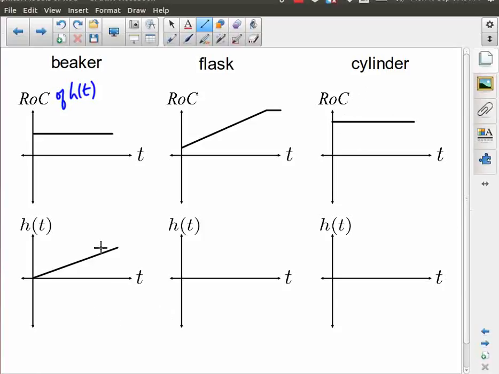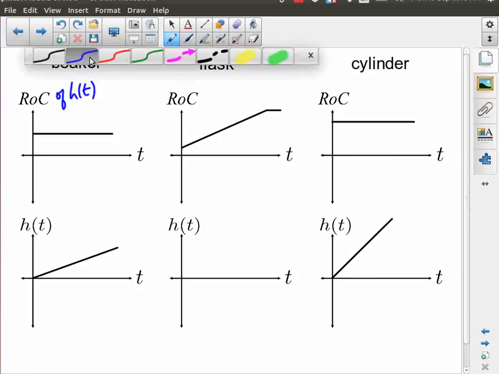The cylinder is the next one that's easy to do. The rate of change of height, or the slope of the height, is going to be larger. So this one's actually going to look more like that. And the cylinder is also taller, so that makes sense.